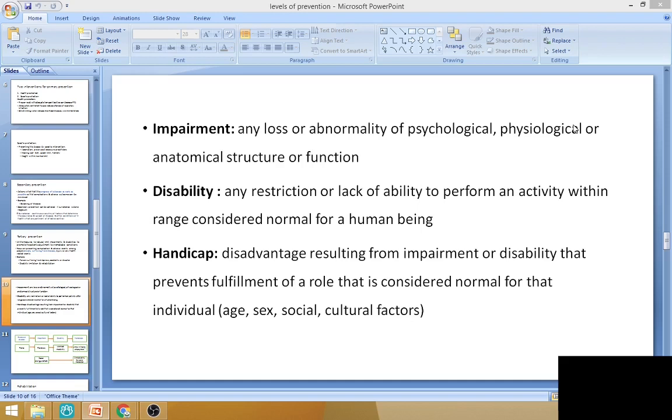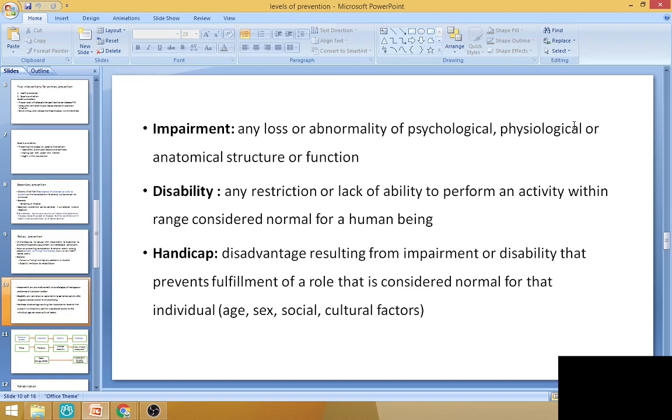Because he cannot go to the toilet, due to lack of ability to perform that activity. He is not able to perform the activity of going to the toilet because of the loss of the limb. So what is the difference from 50 saying that it is a handicap when he loses the job? Because in handicap, he cannot fulfill his role.